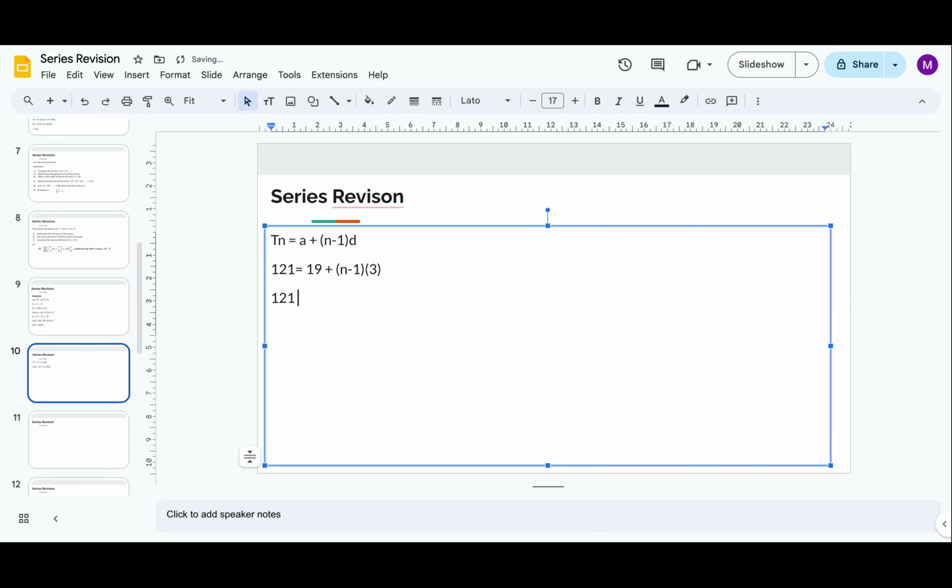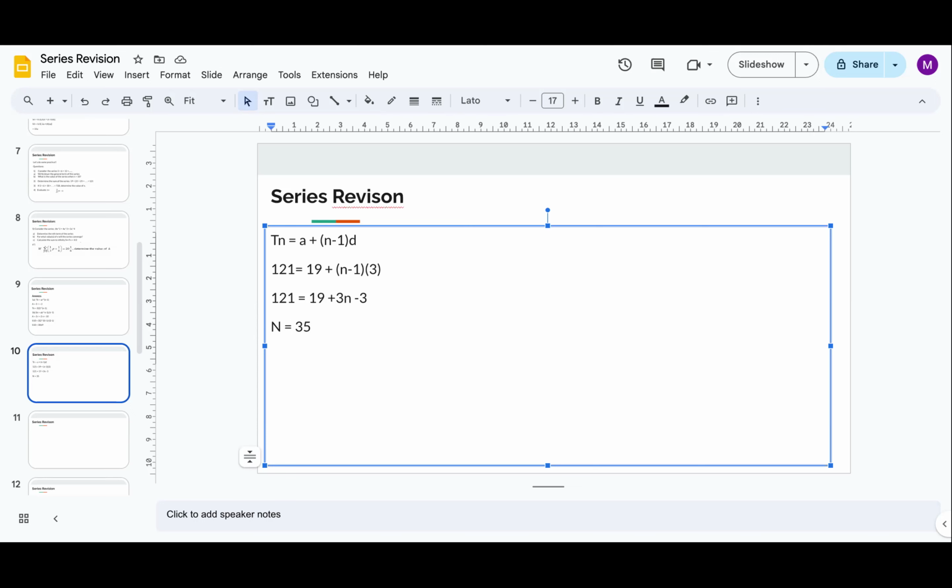Say 121 is equal to 19 plus 3n minus 3. You take over the constants to the side, you will get that your n value is equal to 35. So that is my n value. n is 35. 121 is the 35th term. So that means in my series in total, I have 35 terms.